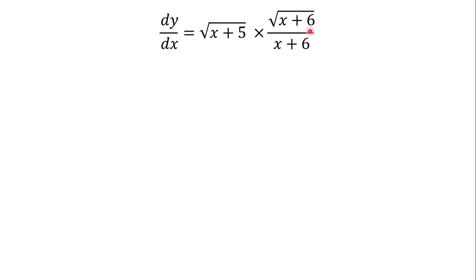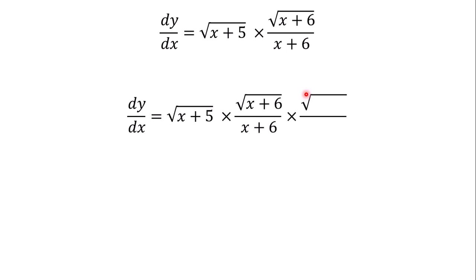square root of x plus 6. Okay, good. This time, this one squared gives x plus 6, and then this one times this one will give us x plus 6 times square root of x plus 6.